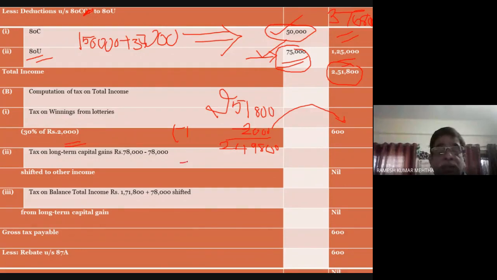Number two is, there is a long-term capital gain to the tune of 78,000. But according to the income tax rule for the assessment year 2020-21 or financial year 2019-20, long-term capital gain is exempt from tax up to rupees 1 lakh.